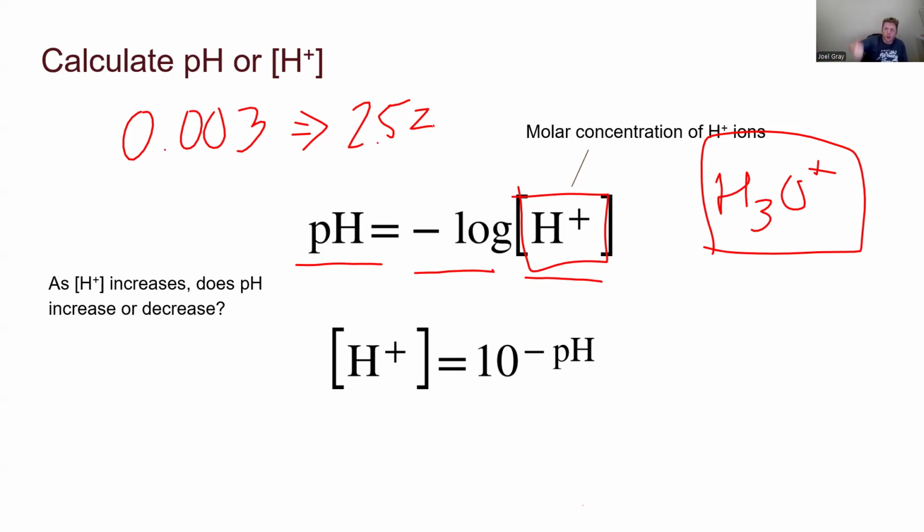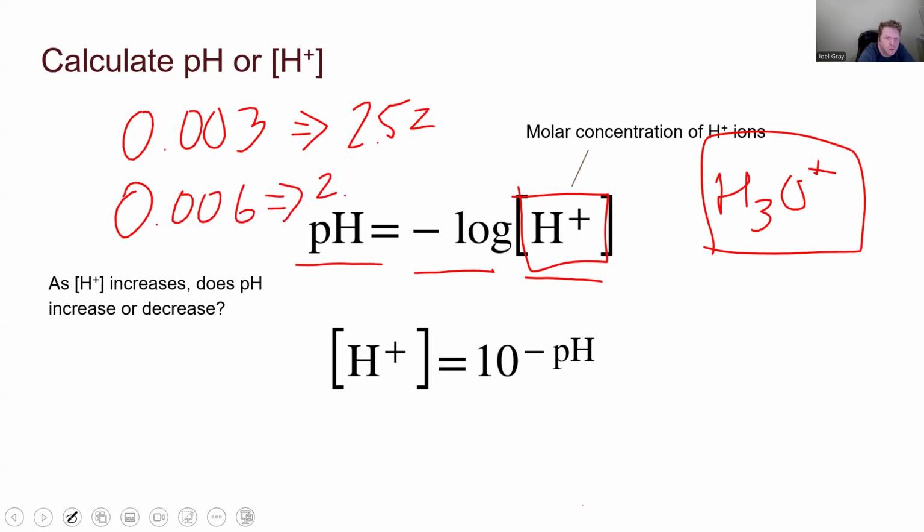Did my pH go up or did it go down? If it went down, that would mean that my substance is more acidic. And lo and behold, 0.006 is 2.22.